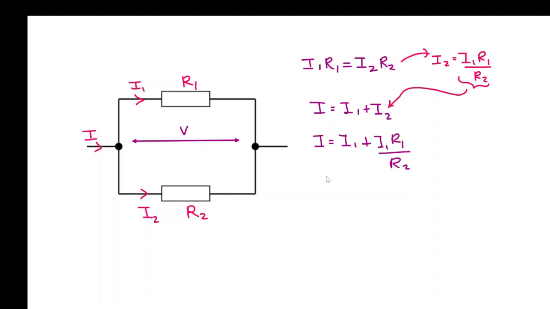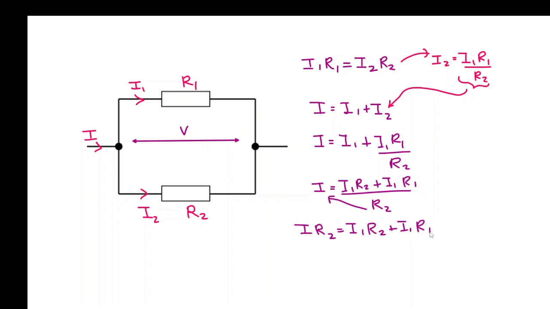Now let's simplify this a little further. I is equal to, common denominator R2, I have to multiply top and bottom by R2, so I1 R2 plus I1 R1, all over R2. Now let's move this R2 to this side. I get I R2 is equal to I1 R2 plus I1 R1.